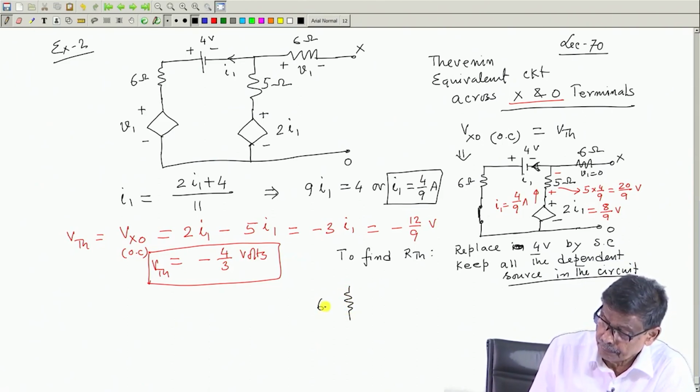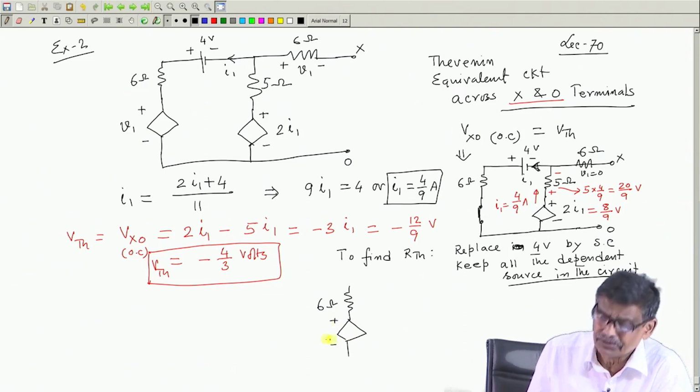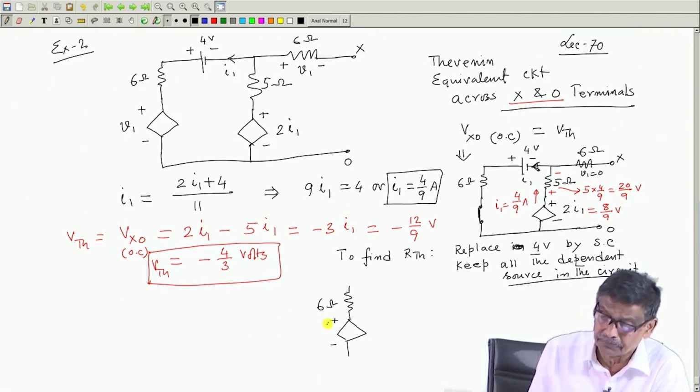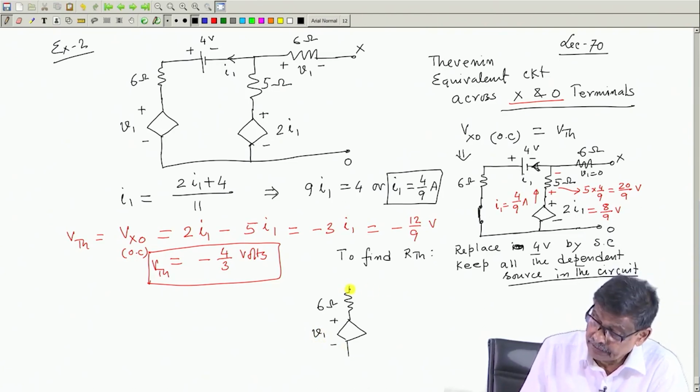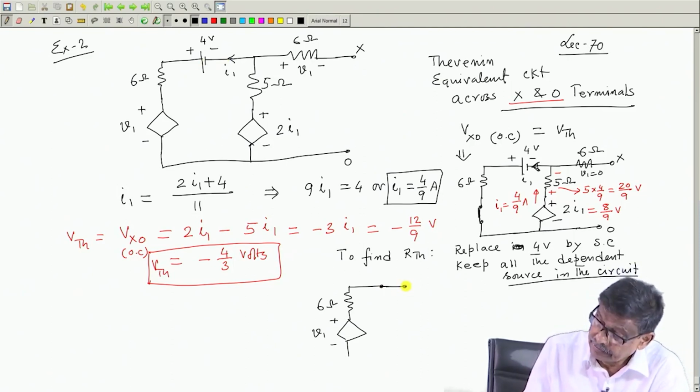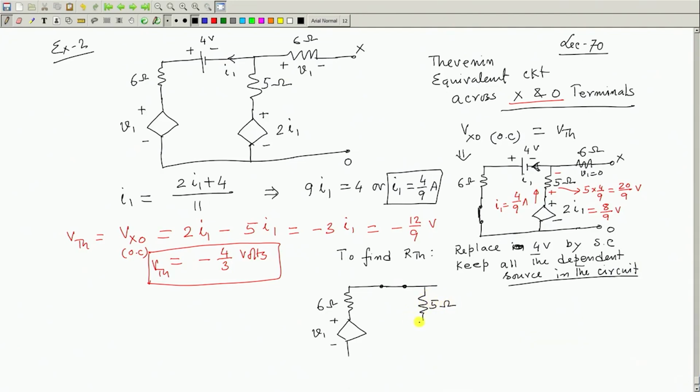6 ohm, then the dependent source V 1, which I should not play with, let it be in the circuit. Here many students make a mistake: sources should be replaced by their internal impedance. No, if it is dependent, do not replace it. Then this 4 volt source I will short, and this one is 5 ohm, and this one is another dependent source, which should be present in the circuit.